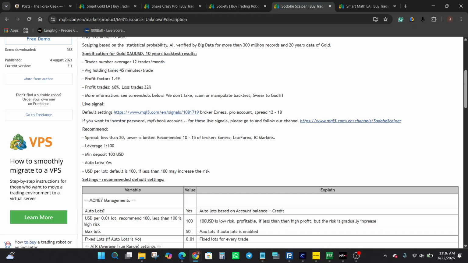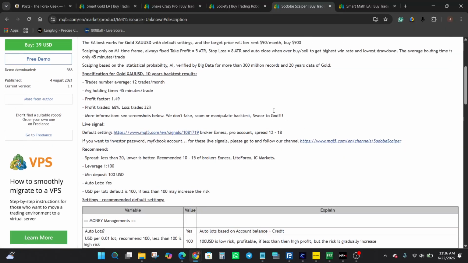As I continue reviewing the settings section, there are several risk management options available. The EA supports automatic lot sizing, where position size is calculated based on account balance and credit. The developer recommends using 100 US dollars per 0.01 lot as the default low risk configuration, and notes that reducing the value increases risk exposure.